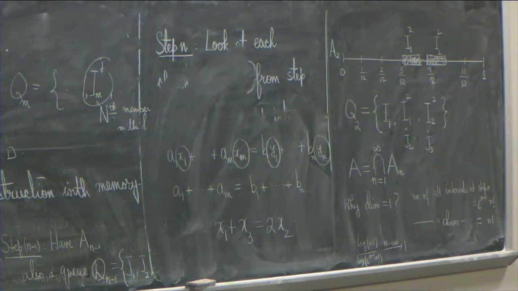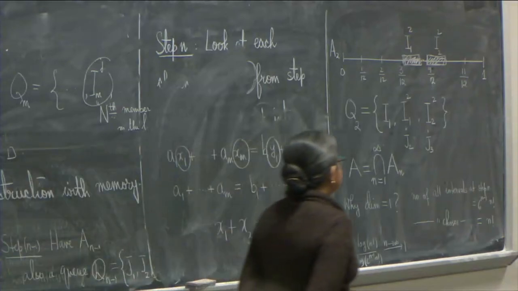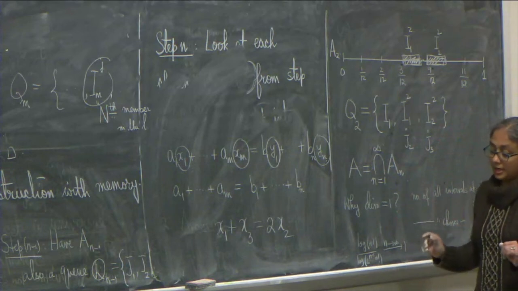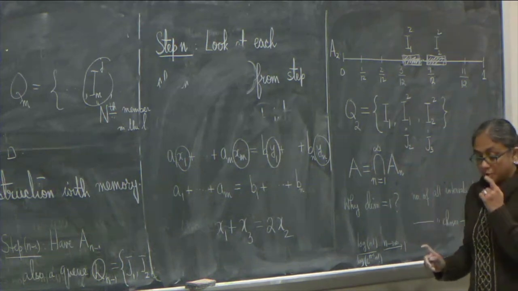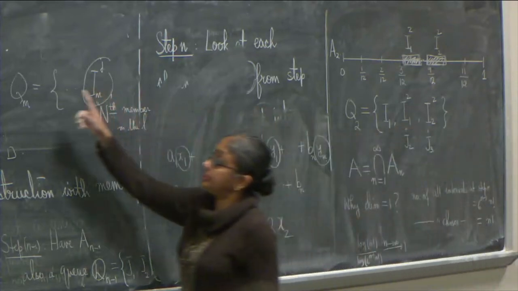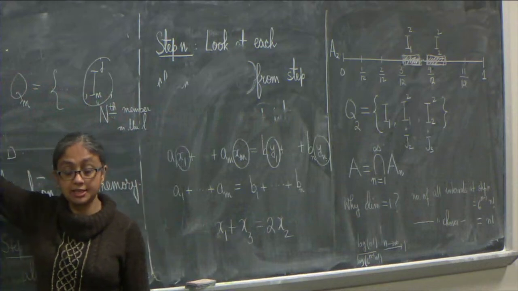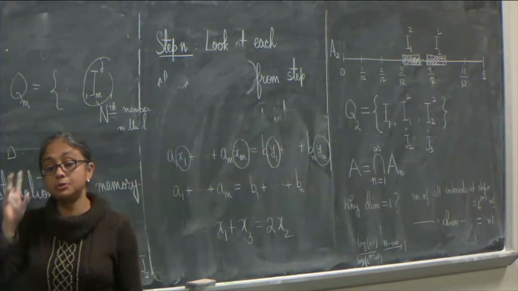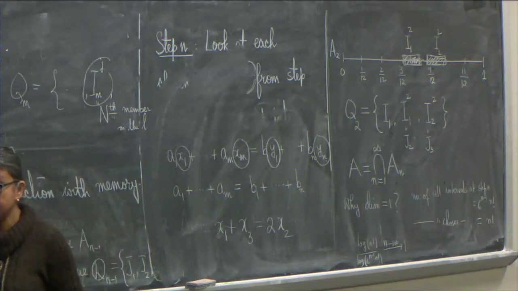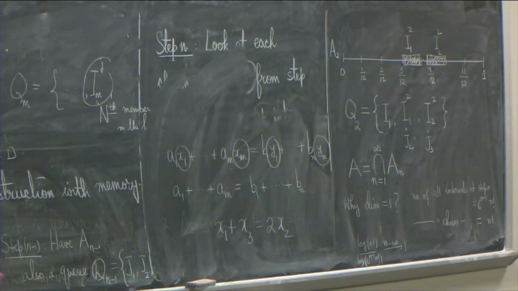Well, for example, Keleti himself had an avoidance result, still on the real line, where not only does he avoid solutions of these types of equations, which in your language would be parameterized by one index, he managed to find an avoidance result that avoids a countable family of prescribed scalars.